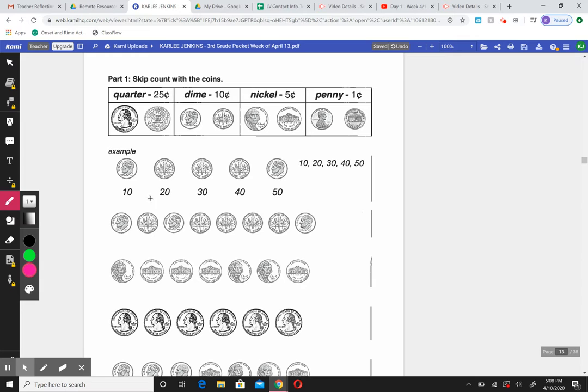And it shows you that this dime right here, you could look back, it's 10 cents. So 10, 20, 30, 40, 50. So there's 50 cents. So now let's do it here.